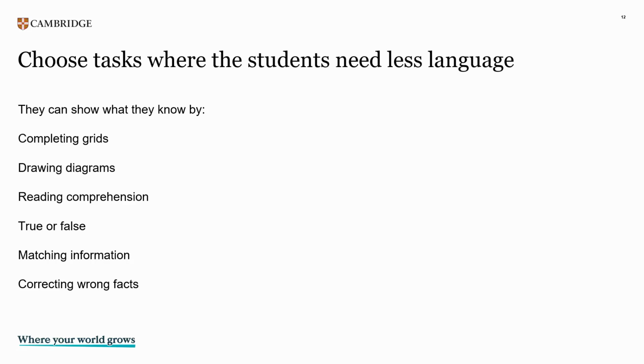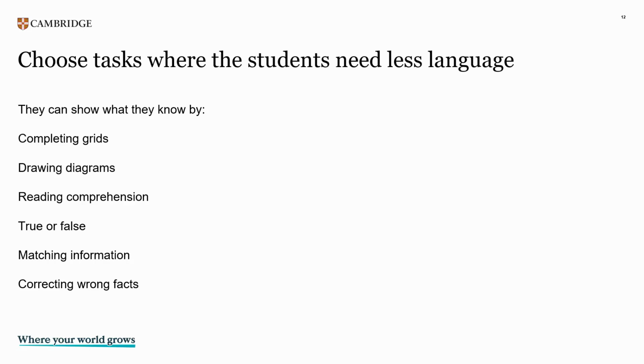It tends to happen in exercises where the students get the correct answer by a process of elimination. Okay, it's not B and it's not D, so it must be C. There's very little cognition going on there. There's very little thought. Sometimes the students get the right answer by default.